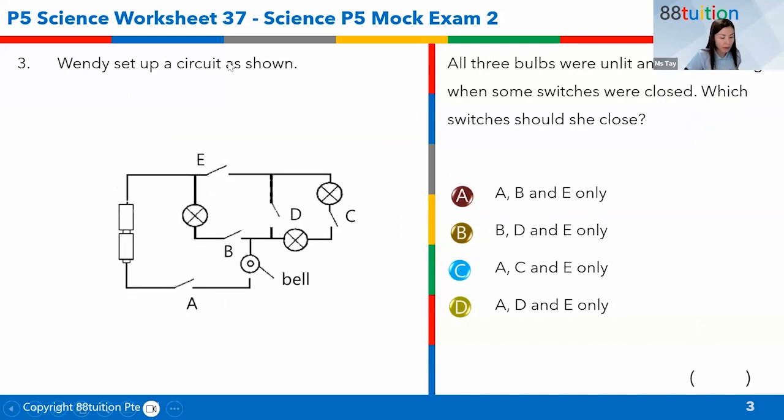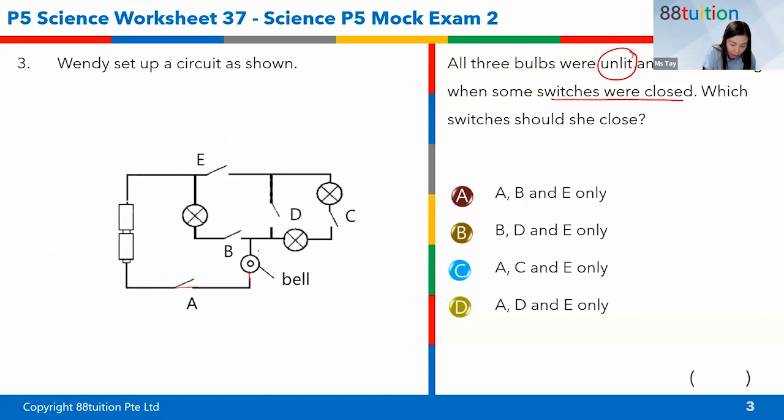Question 3, Wendy set up a circuit as shown. So all 3 bulbs were unlit. I will circle this if I'm you. Okay, and then the bell rang when some switches were closed. So which switches should she close? So in order for the bell, this one must have a line drawn up. You close this, you close A, right?